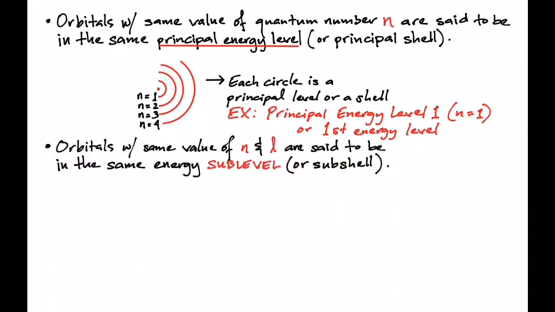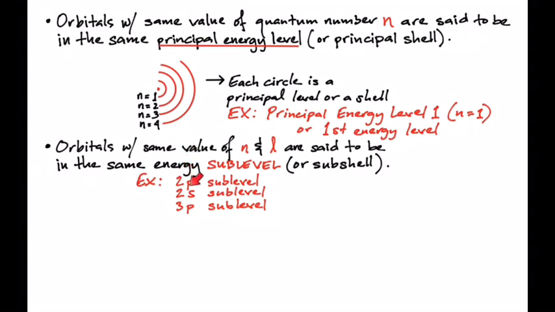Orbitals with the same value of n and L are said to be in the same energy sublevel or subshell. And so, for example, the 2p sublevel and the 2s sublevel are in the same energy level because they have the value n equals 2, right? So this coefficient here is basically the energy level.